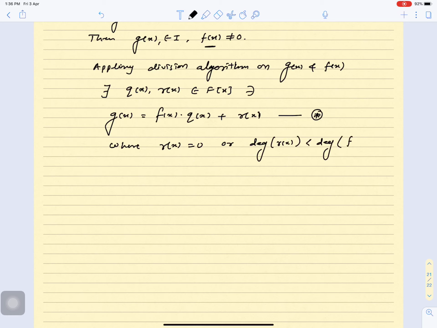Okay, so suppose r(x) is not equal to 0. Suppose r(x) is not equal to 0, then what do we have?